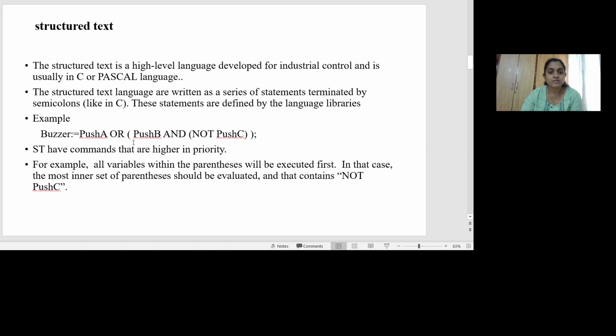After that, it will be ORed with the A input. So here C has the highest priority. So you can set the priority for the variables in the structured text language.